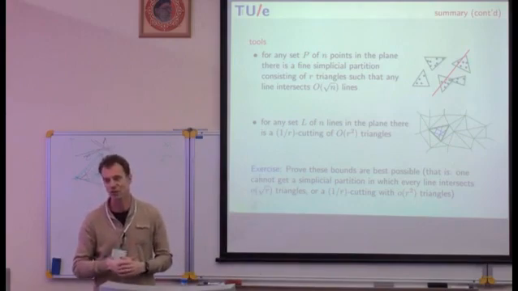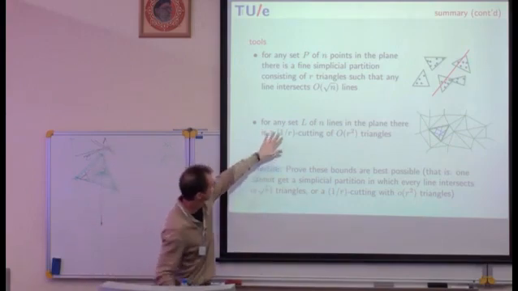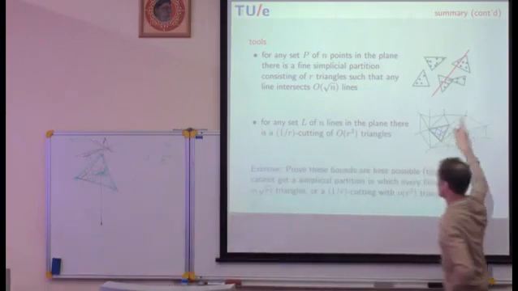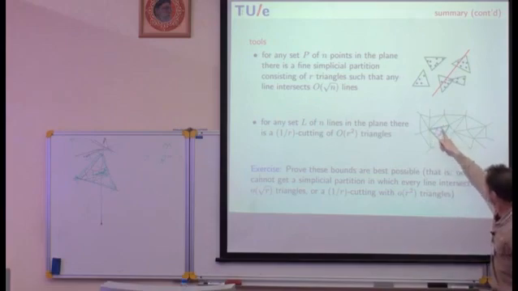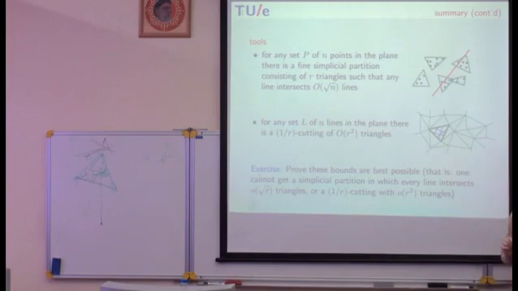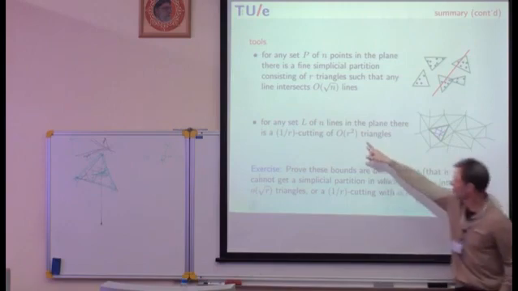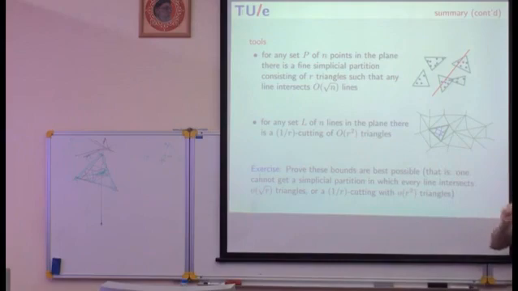This one, okay, so here I have a set of n lines. I want to partition the plane into a number of triangles, and the condition is that every triangle is intersected by only n divided by r lines. So my claim is that you will need r squared triangles. You cannot do it with r triangles or r squared of r. So think about this.